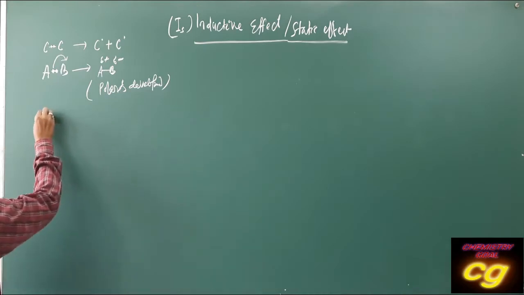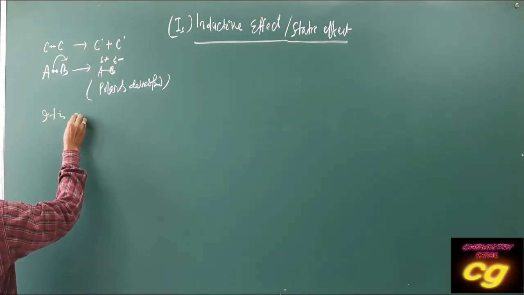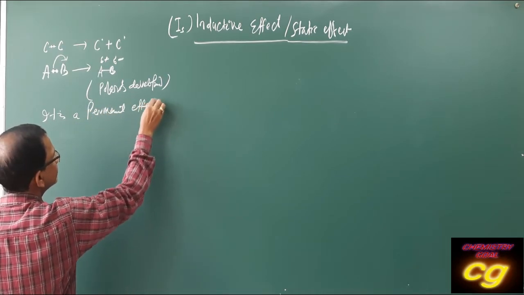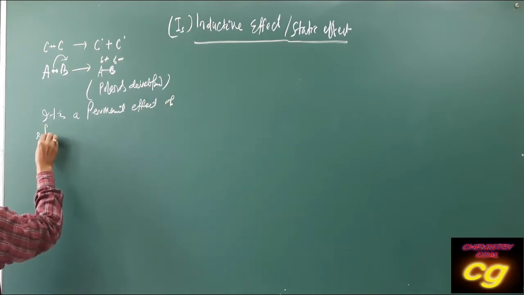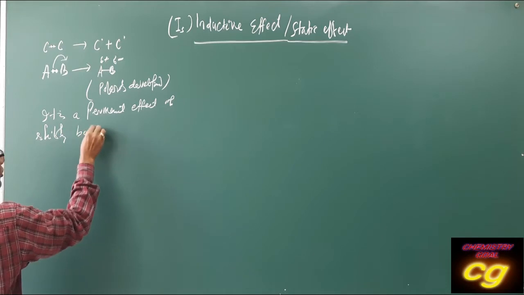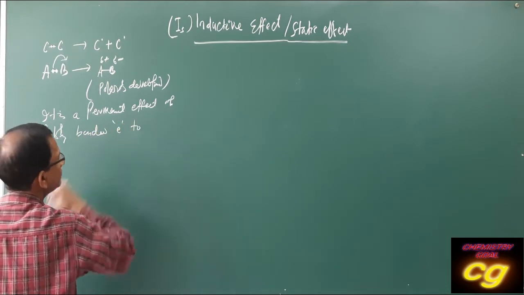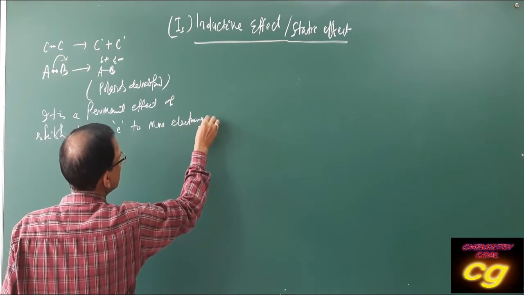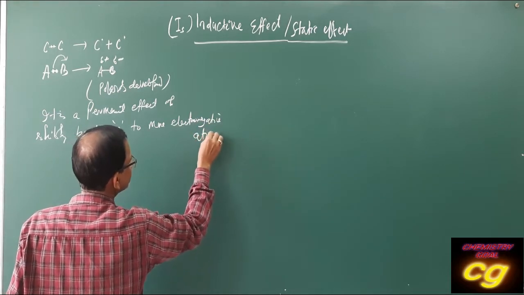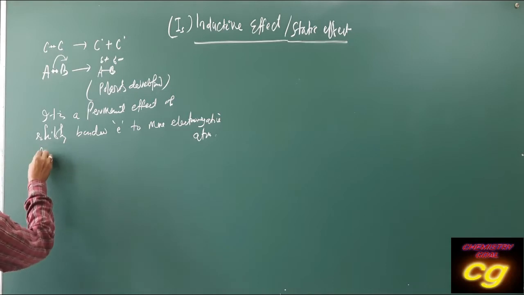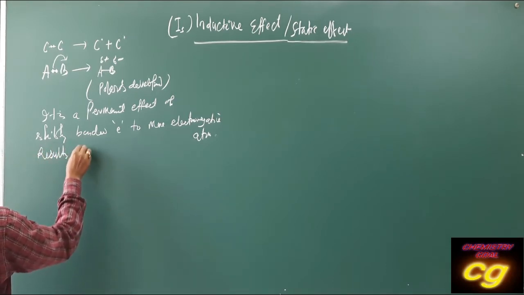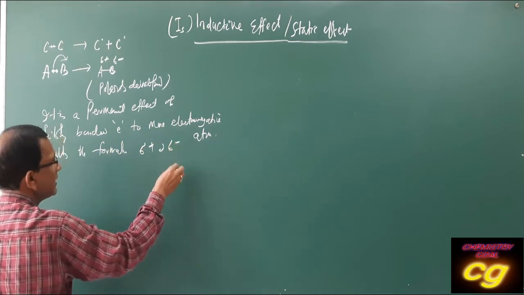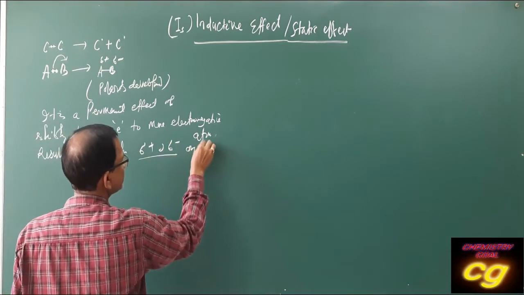It is a permanent effect of shifting bonded electron to the more electronegative atom, resulting in the formation of partially positive and partially negative charge on the atoms.